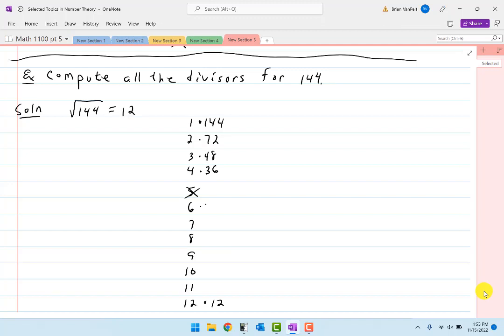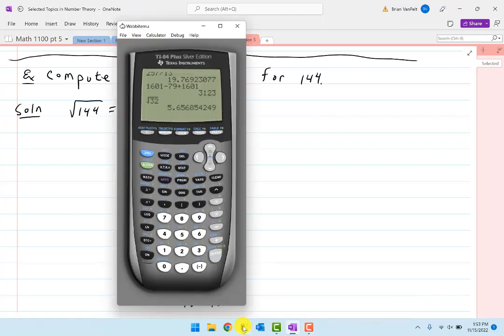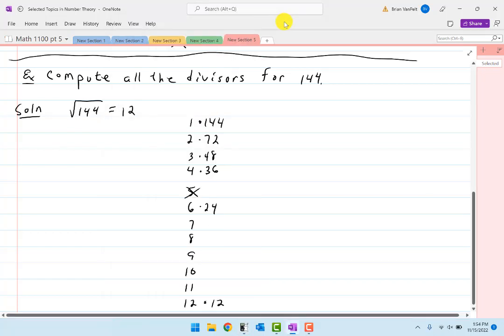In fact, it's 6 times 24. 7. Does 7 go into 144? Well, the only way to know for sure is to do the division. 144 divided by 7. Since there's a decimal, there would be a remainder if I divided by it, so I'm going to cancel that.